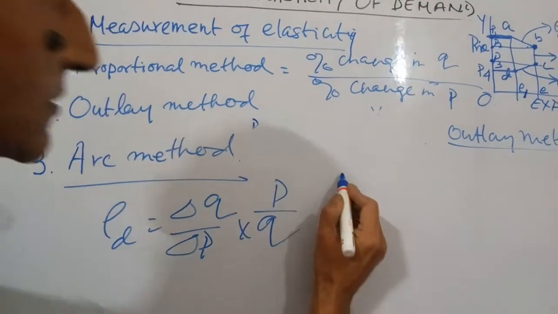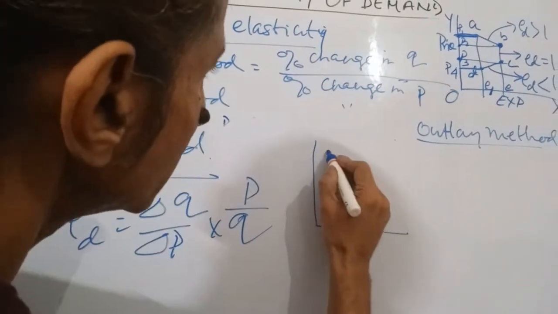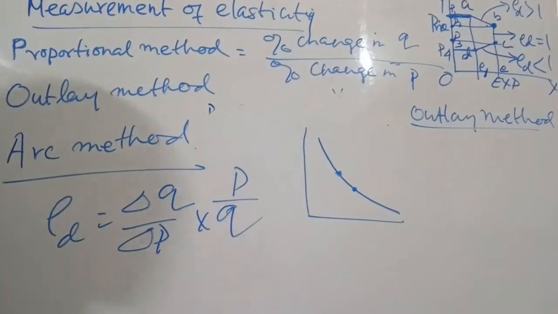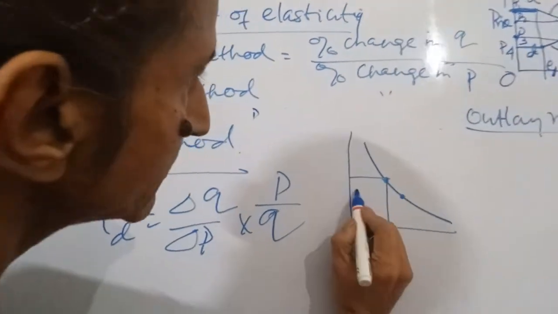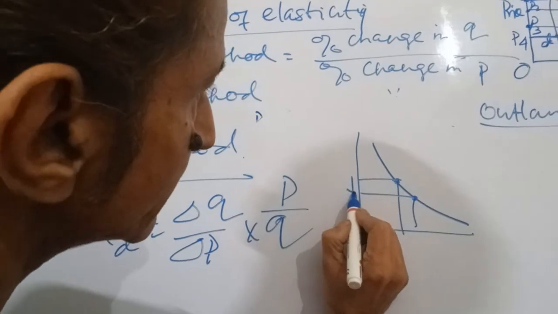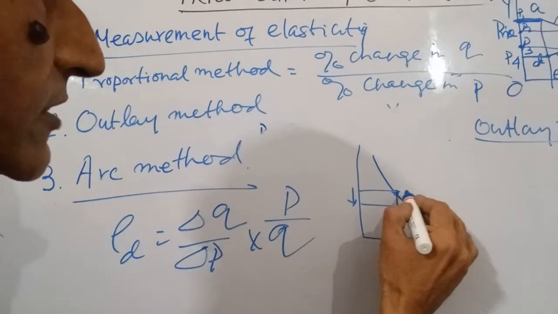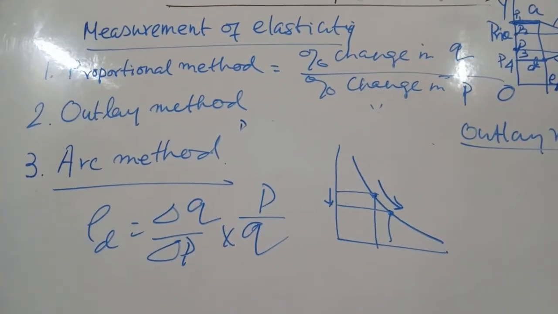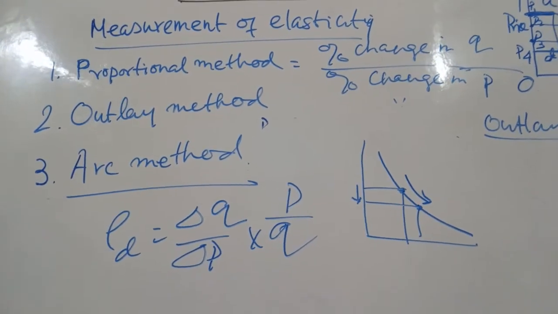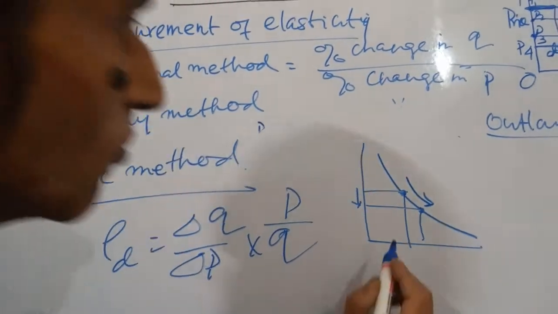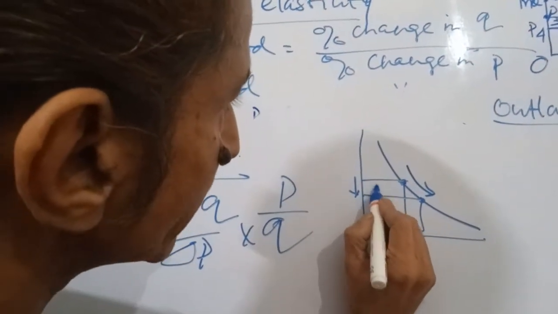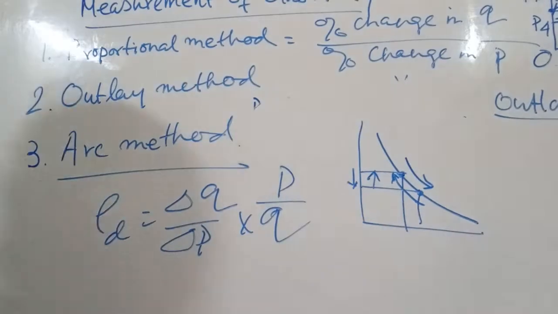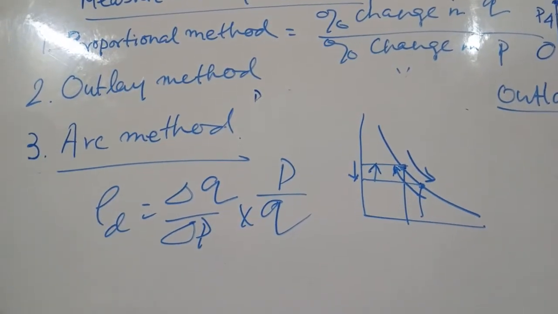Now, what happens when we are measuring elasticities to different points? Movement from here to here, that is from this point to this point, we find one elasticity, a particular value of the elasticity. And when we move from this point to this point, that is movement becomes like this, we find another value of elasticity.